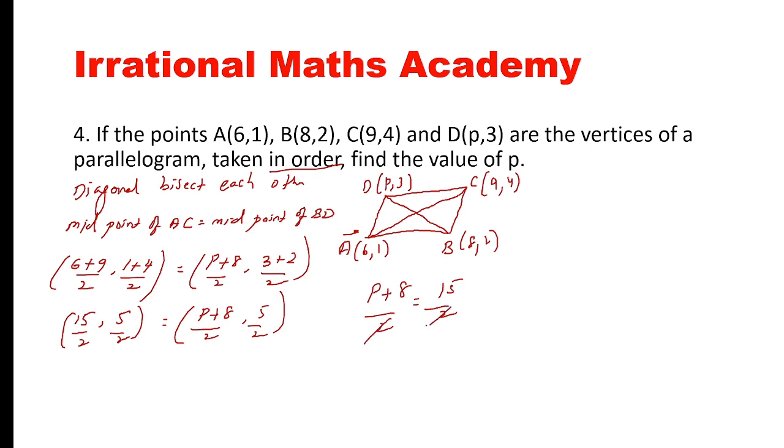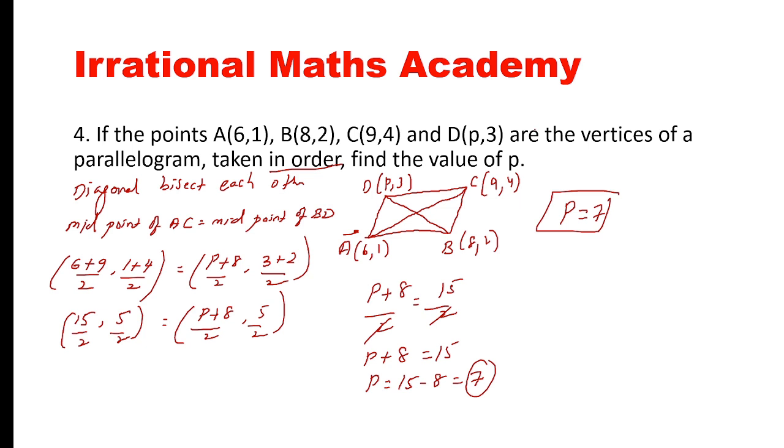Directly you can cancel the 2, or take the denominator to the other side, and it becomes numerator. So P plus 8 equals 15, P equals 15 minus 8, which is 7. So the value of P is 7.